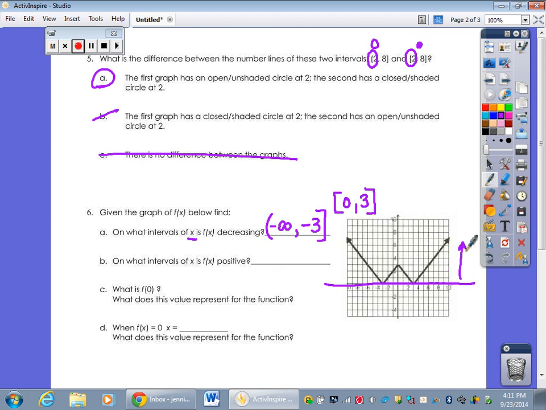So that's the entire graph, which means from negative infinity all the way to positive infinity, that graph is positive for the y values. Okay, so again, we were looking for where it was above the x-axis because we wanted positive y's. Said f of x, which is y, so on what intervals of x is y positive? And it's the whole thing. It's from here all the way to there that it's positive.